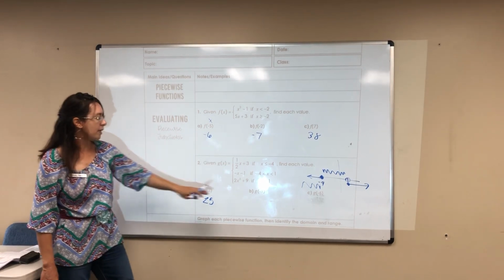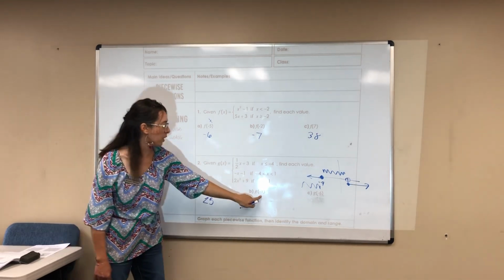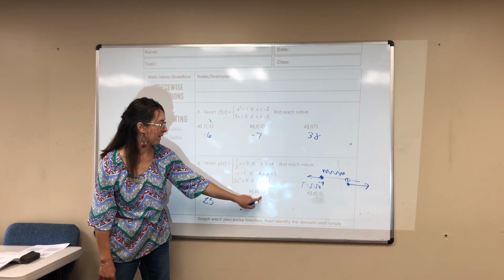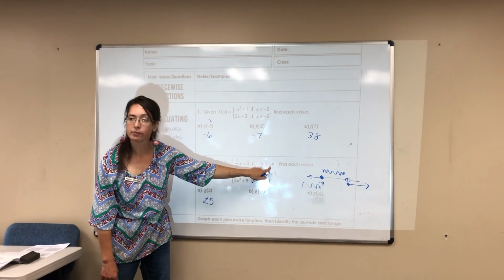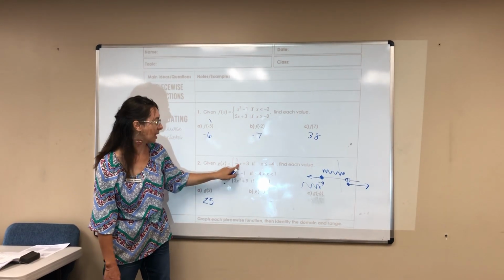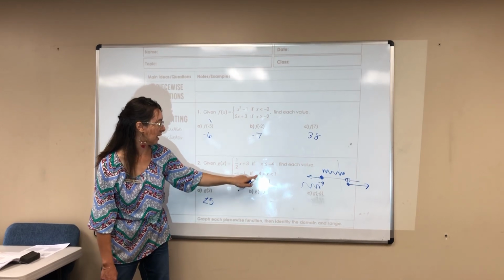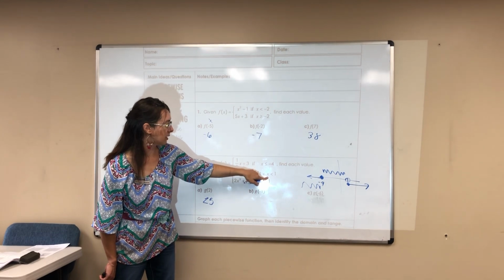So now, g of negative 1. Where does negative 1 fall, an x value of negative 1? Wouldn't it be the first? Is negative 1 less than or equal to negative 4? No. So it's not that one. It'd be number 2. Good guess. Is negative 4 less than negative 1, which is less than 1?